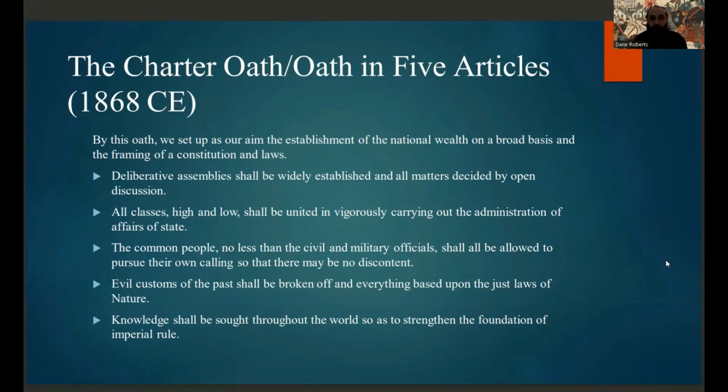All classes, high and low, shall be united in vigorously carrying out the administration of affairs of state. The common people, no less than the civil and military officials, shall be allowed to pursue their own calling so that they may not be in discontent. Customs of the past shall be broken off, and everything based on just laws of nature. And knowledge shall be sought throughout the world so as to strengthen the foundation of Japan and its imperial rule.